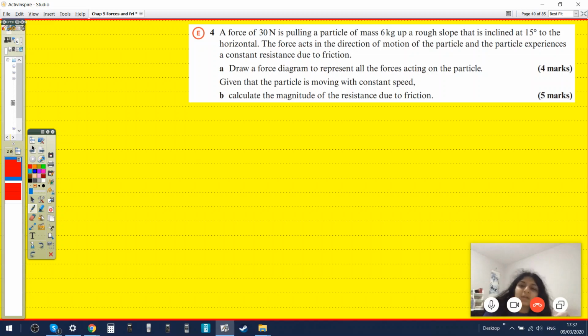If it's diagonal, then you would have to do more. Like this one, it doesn't actually want you to add and square root. It just wants you to find the value of the force. I suppose it's just the word magnitude. It just means the size.